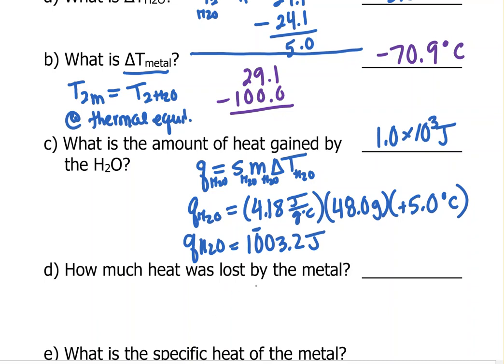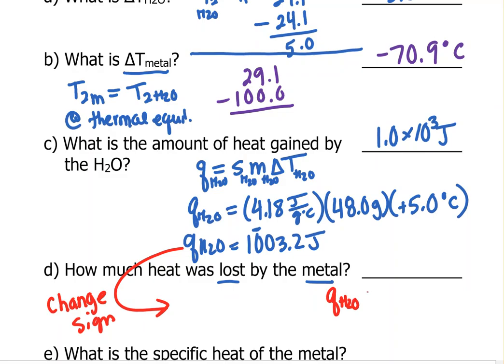So how much heat was lost by the metal? To get the Q for the metal, we know that the Q for the water is the same number and opposite sign as the Q for the metal. Let me write it like this. Okay, so I know for the Q for the metal, it's going to be negative.